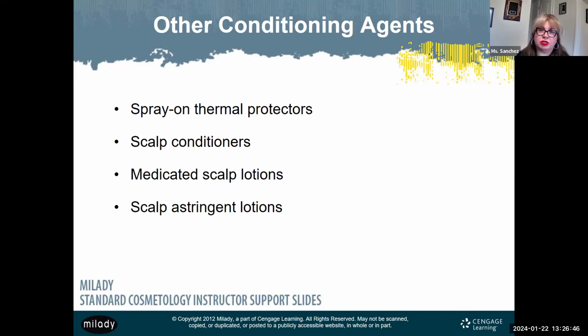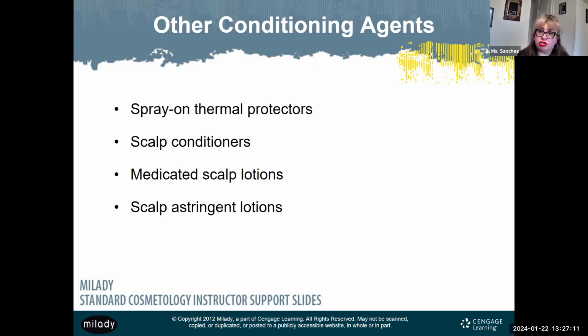Same thing happens to the scalp, especially if somebody has dry scalp. Medicated scalp lotions are for persons with dandruff or oily problems, or maybe they have seborrheic problems and they need something stronger. In those cases, usually they bring their own lotions because those are medicated and probably already given by the doctor.